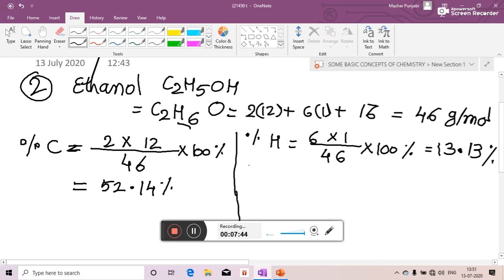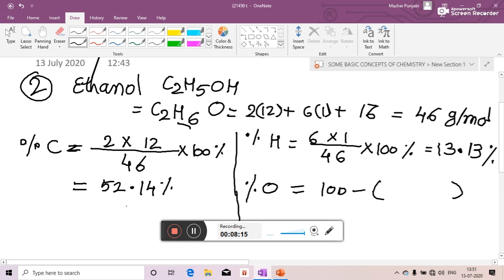Now we have to find out the percentage of oxygen. Here we have to remember that the total of the percentages of all the elements is always 100. So out of the 3 elements, if you have found the percentage of the first 2 elements, then we just have to subtract: 100 minus the sum of the other 2.